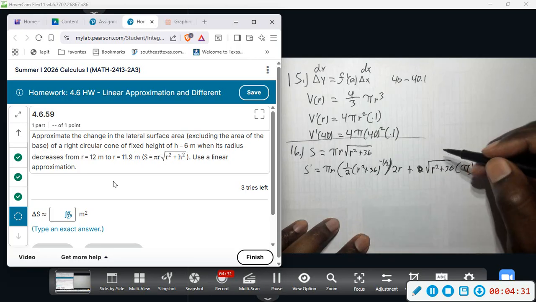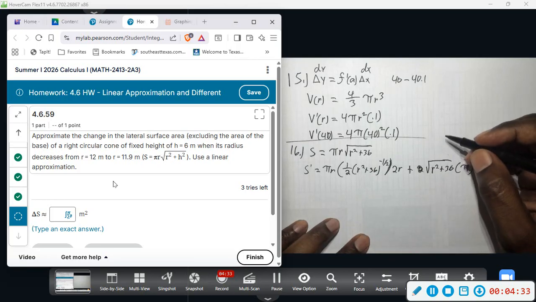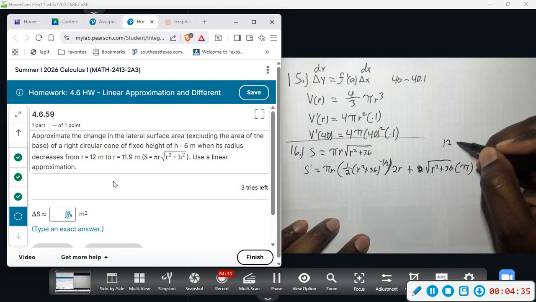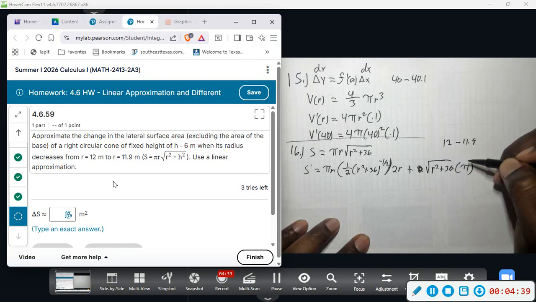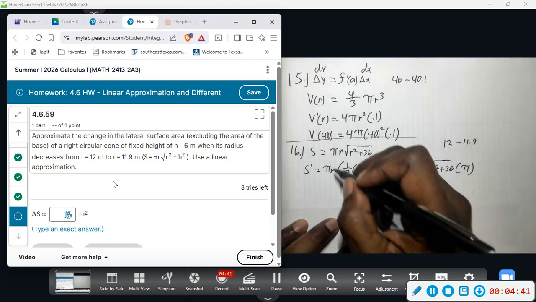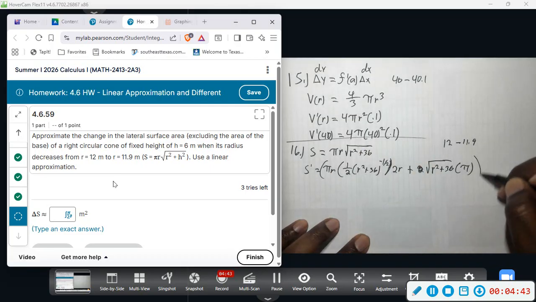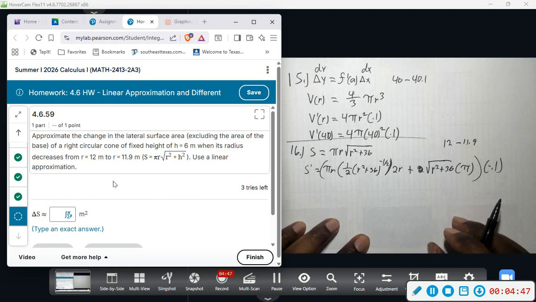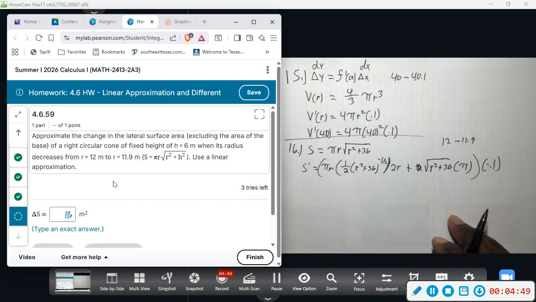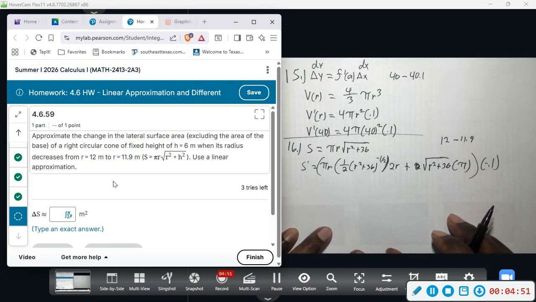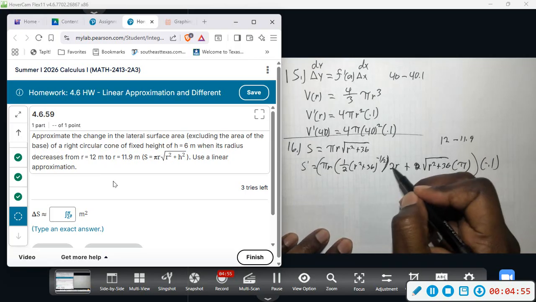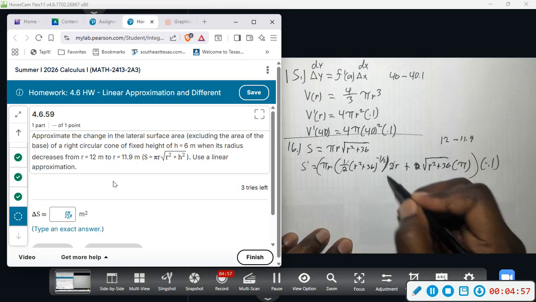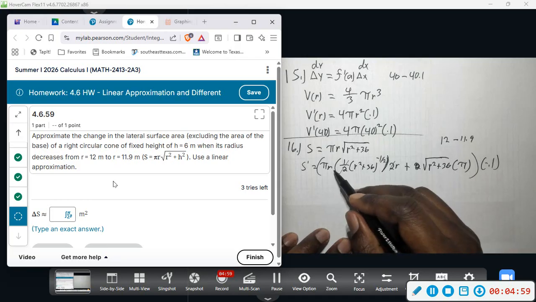The change went from 12 to 11.9, so it decreased by 0.1. So all of this is going to get multiplied by negative 0.1 to show that decrease. We're going to plug in the initial value for r, which was 12. Try to simplify some of this. So the 2 and the 1/2 will cancel out. r times r will give me r squared.